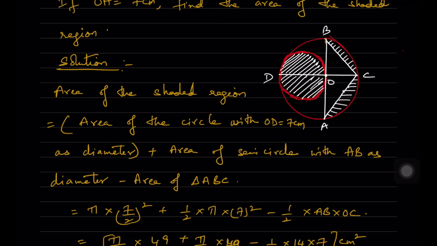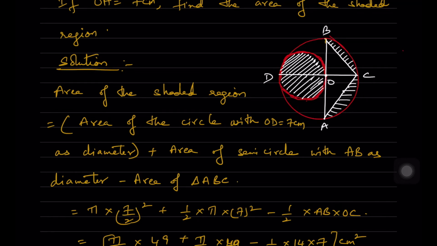A semicircle means half into pi r square, minus the area of the triangle, which is half base into height. So half into AB into OC, where the base is AB and the height is OC.